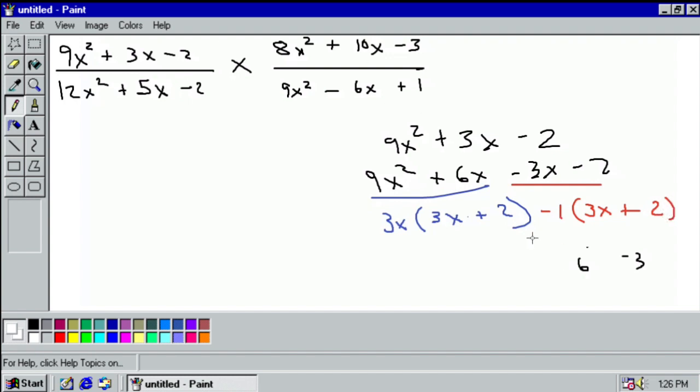So we're going to have the inside of the parentheses on different parentheses, and the outside is 3x, negative 1 on the other side. So let's copy that here.